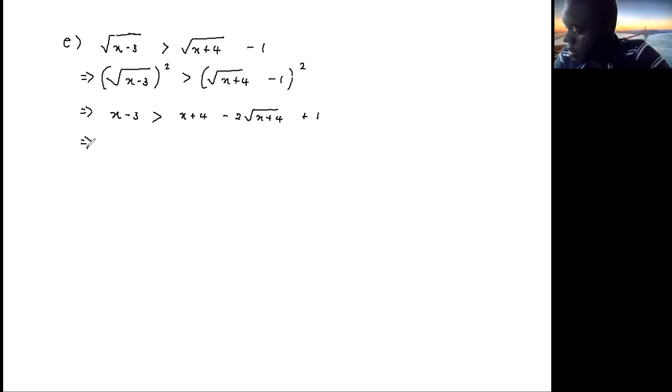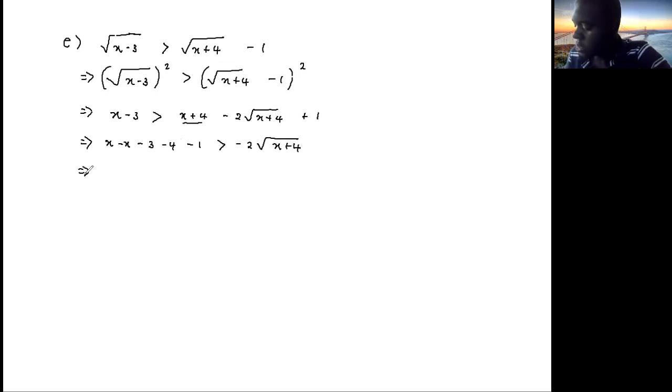And then we take all these, we bring them the other side. So that we have x minus x is going to be 0. Because now we're going to have x minus 3 minus 4 minus 1 is greater than minus 2 root x plus 4.